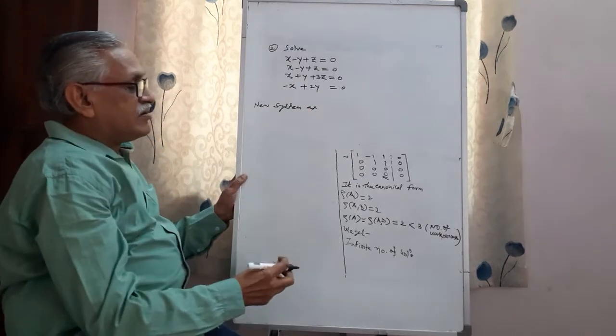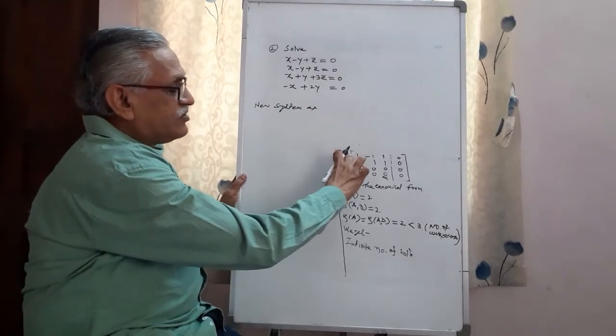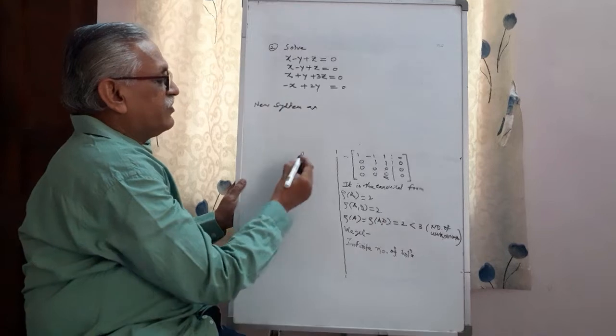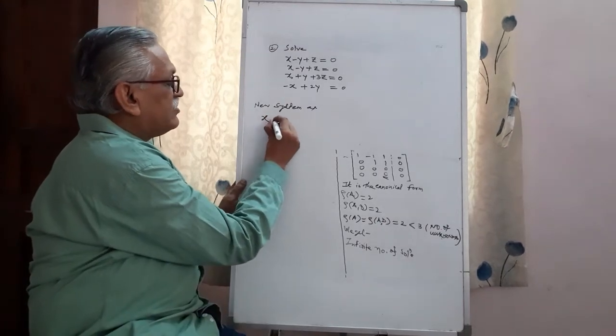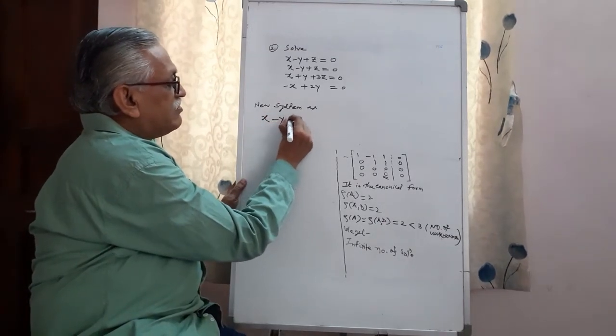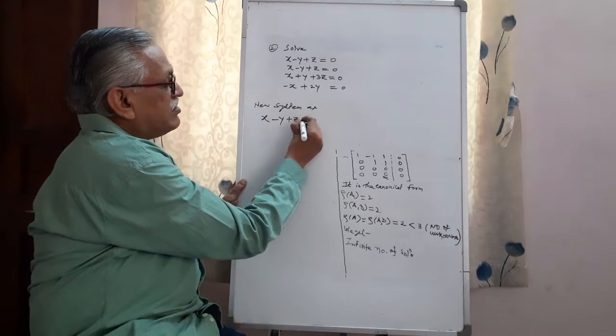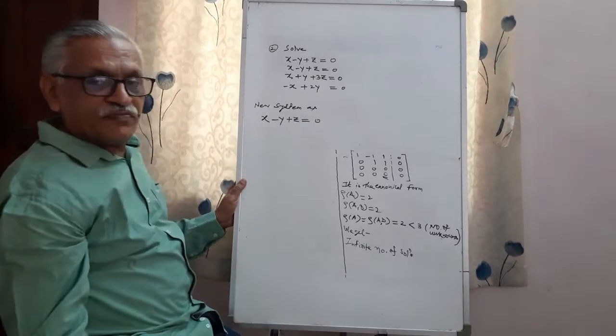Multiplying the first row by that column matrix, we get the first equation as x minus y plus z is equal to 0.